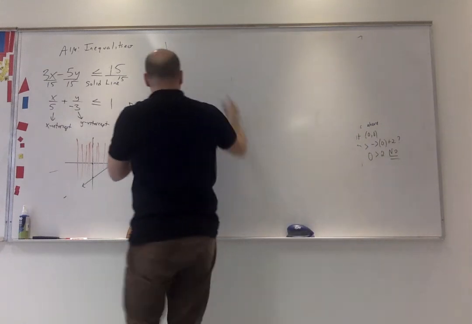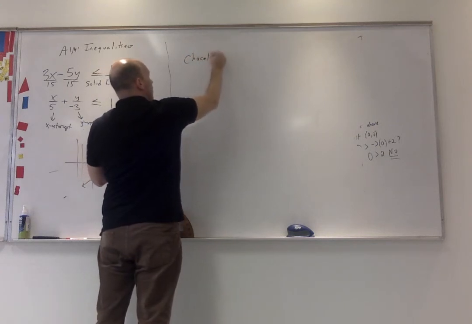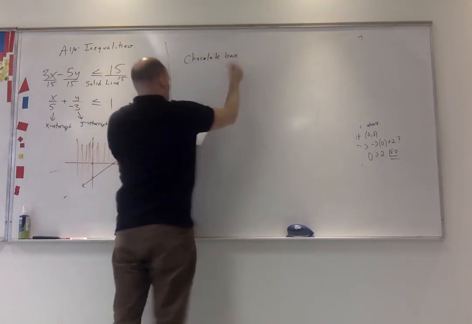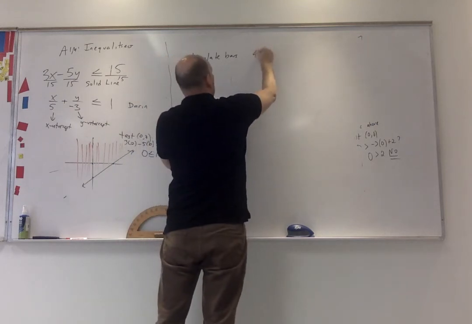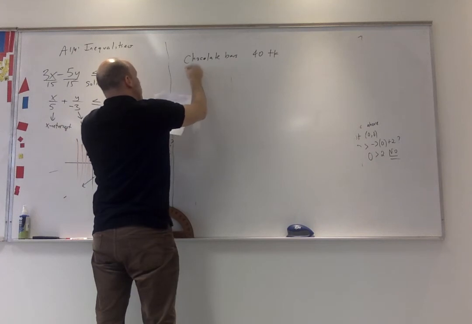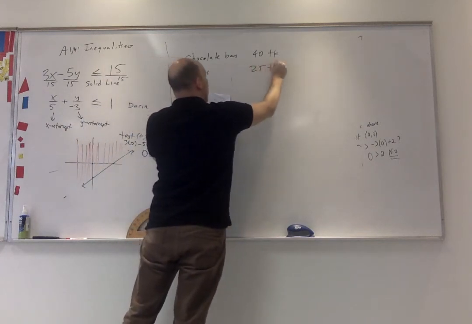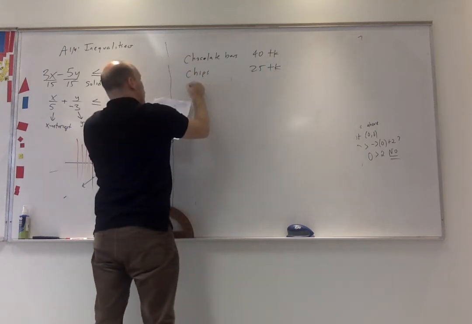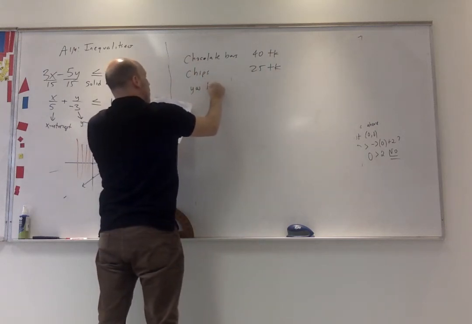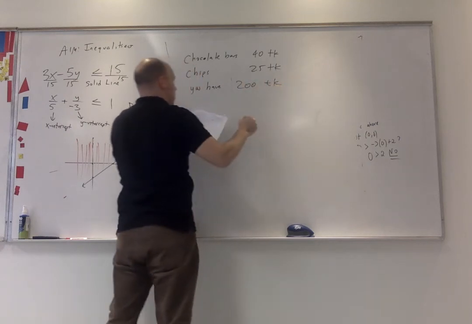So here's an example: chocolate bars. It is 40 taka, and chips cost 25 taka, and you have 200 taka to spend.